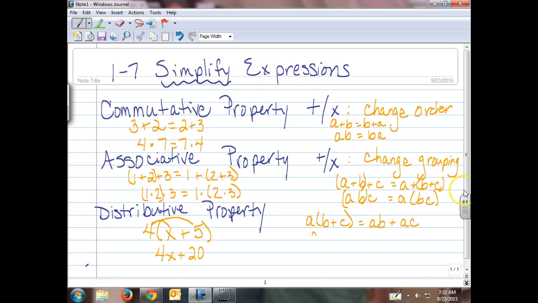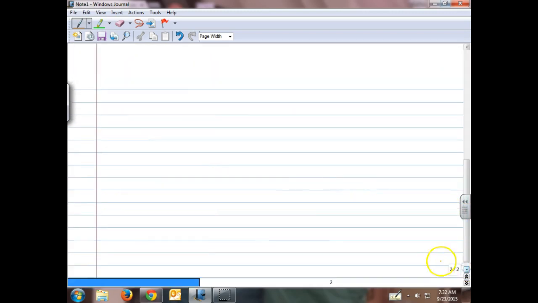All right. The last piece of vocab I've got for you is like terms. Like terms are, I don't want to use monomial.